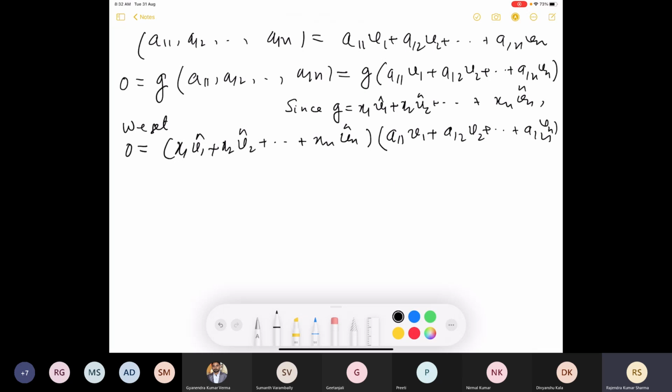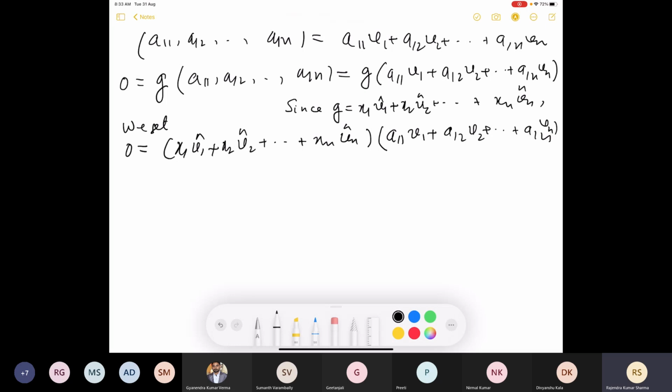Good, nice. So this is what it is. Now, since this is also a linear combination of homomorphisms, it is also a homomorphism, so this will apply on each of them.